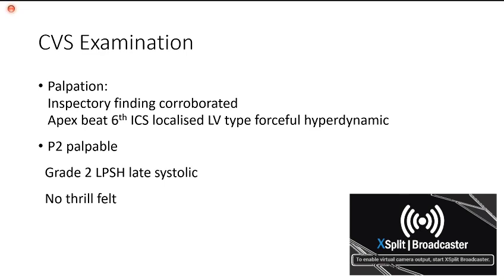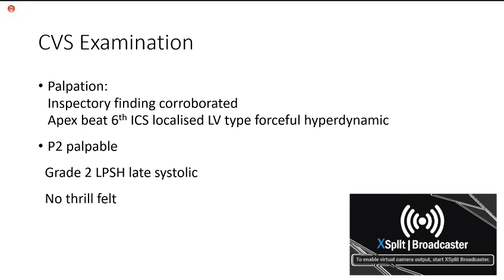No. You can get a thrill in apical muscular VSD. If you are feeling a thrill at the apex, always consider the possibility of apical muscular VSD. Mitral regurgitation is very unlikely to give rise to a thrill because the direction of the jet is posterior, and hence there cannot be a thrill in the anterior portion. So whenever you get a thrill in the apex, always consider whether it could be a muscular VSD.